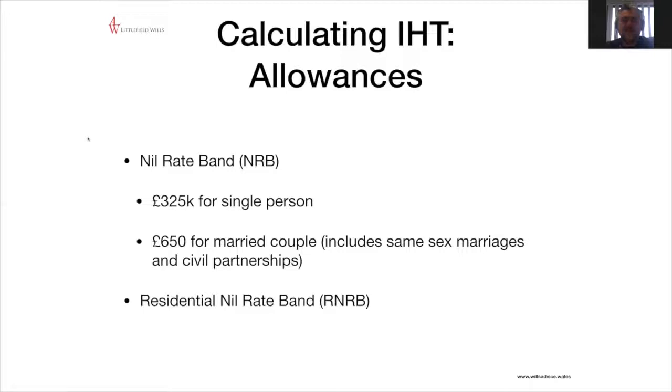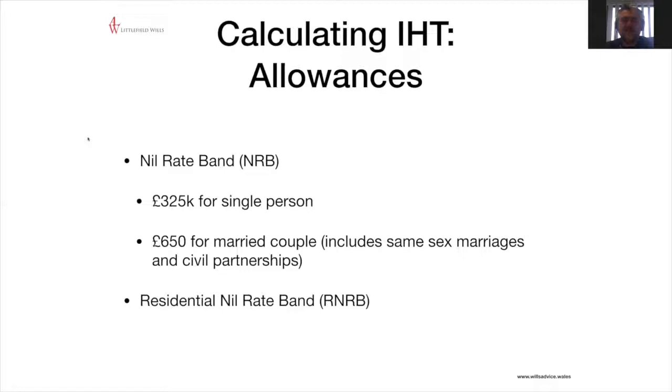Allowances. This is where the fun starts. There's a number, but I'm confining myself to the two major ones, which are the nil rate band and the residential nil rate band. There are others like the annual allowance, the marriage allowance, and an allowance in respect of business and agricultural property. It would take too long and it's too technical.